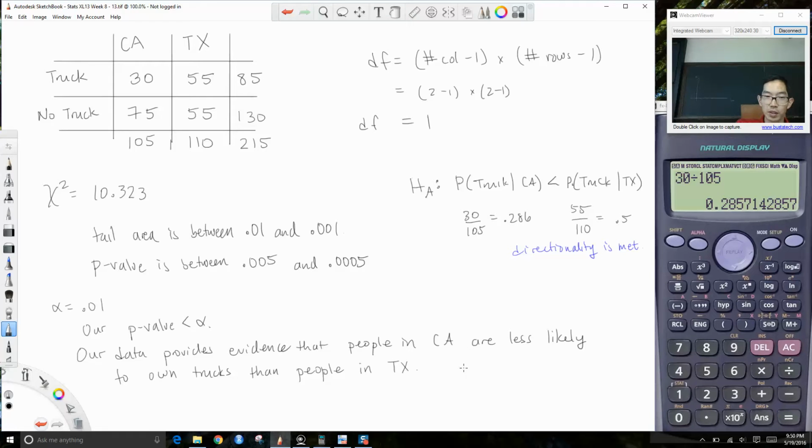And so that is the chi-squared test for independence.